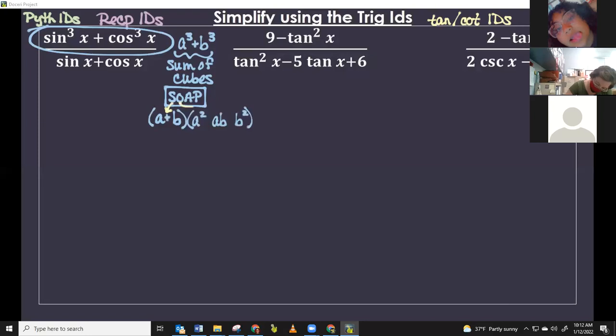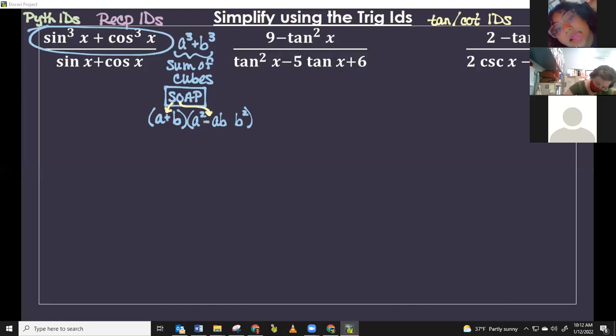O stands for what? S was same. O was opposite. So that's going to be subtraction.